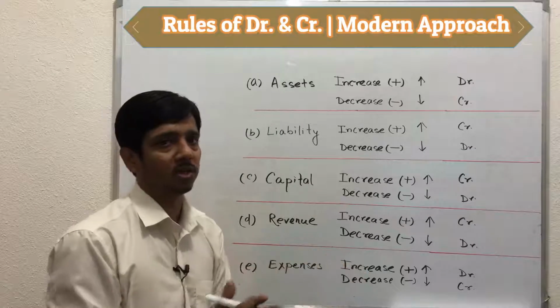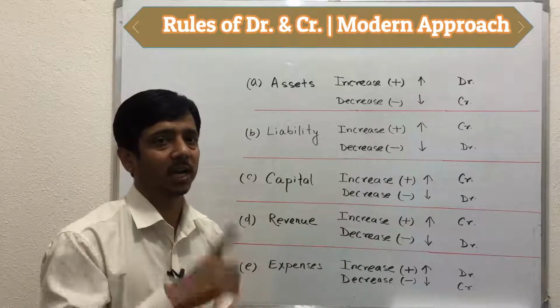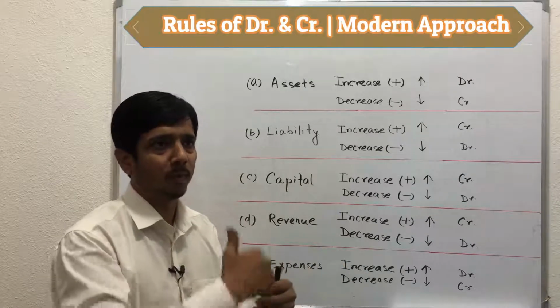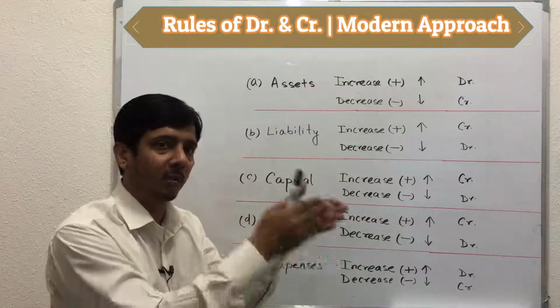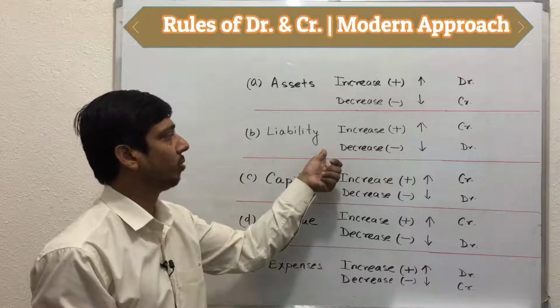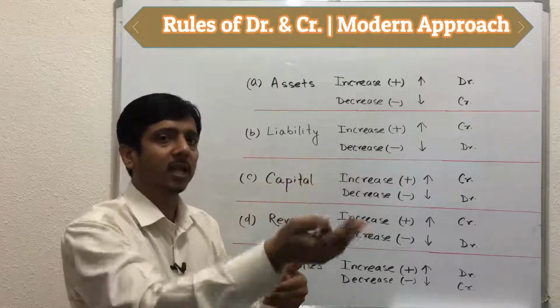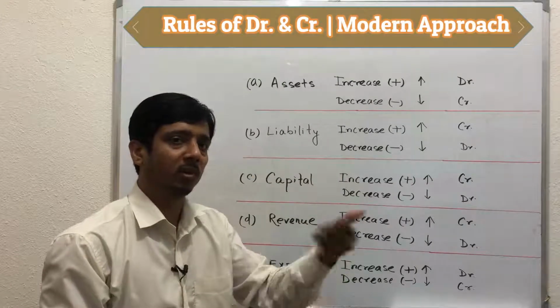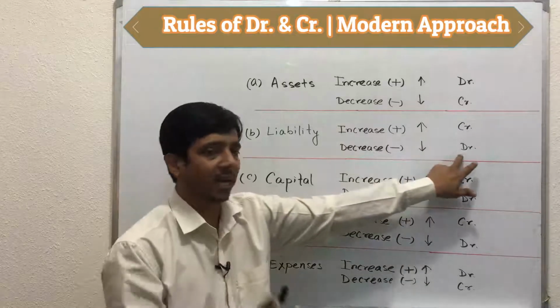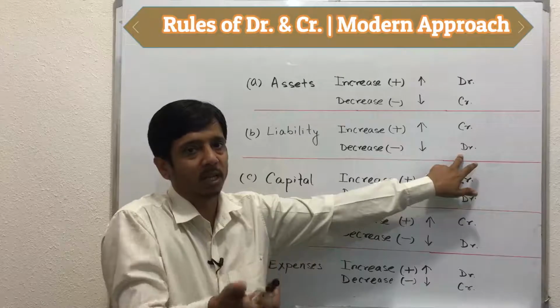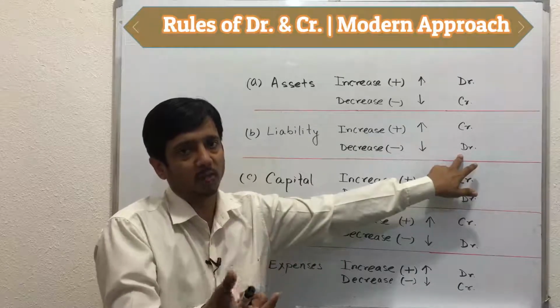So suppose you have purchased the goods from Kareem for 1 month's credit. So after 1 month, when you make the payment to Kareem, your creditor will decrease and therefore your liability will decrease. So you will apply the rule of liability, and in that case, when you make the payment to Kareem, Kareem will be debited, because your liability that was to pay to Kareem is decreasing.